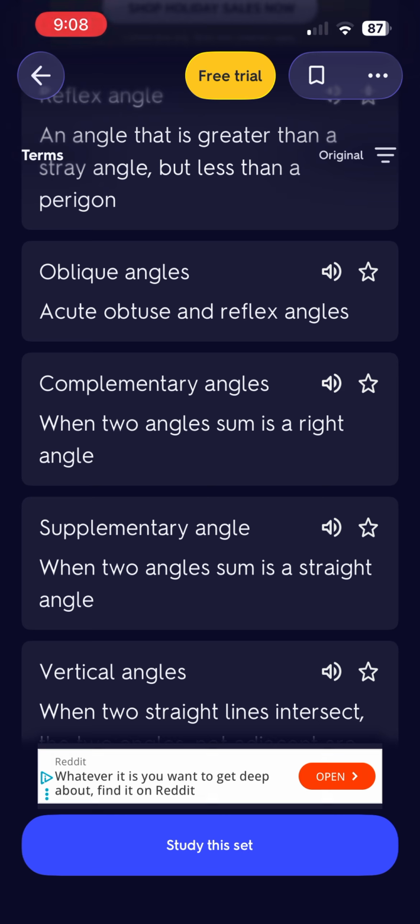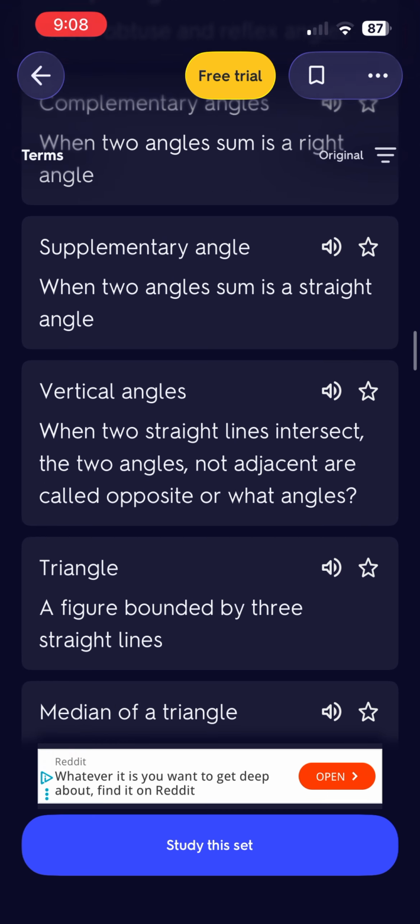When 2 angles' sum is a right angle. Supplementary angles. When 2 angles' sum is a straight angle. Vertical angles. When 2 straight lines intersect, the 2 angles, not adjacent, are called opposite or what angles?